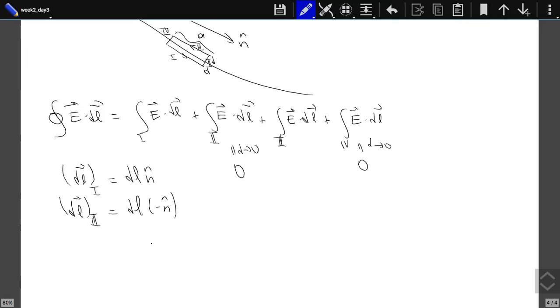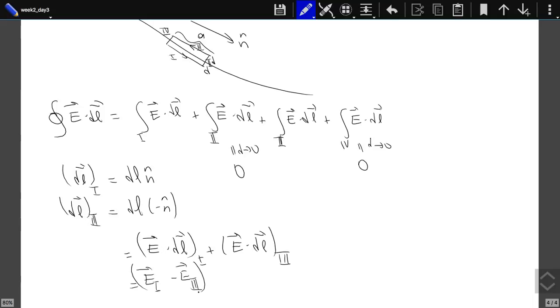But if I take them out of the integral, what remains is E dot dl on side 1 plus E dot dl on side 3. So this is equal to E1 minus E3, the electric field evaluated on the third side, times dl in the n direction. This should be 0.